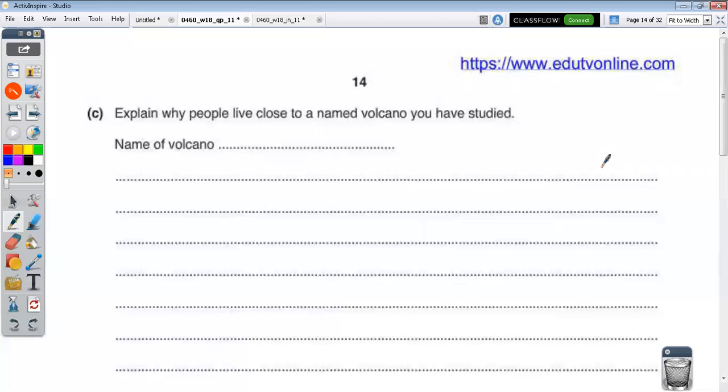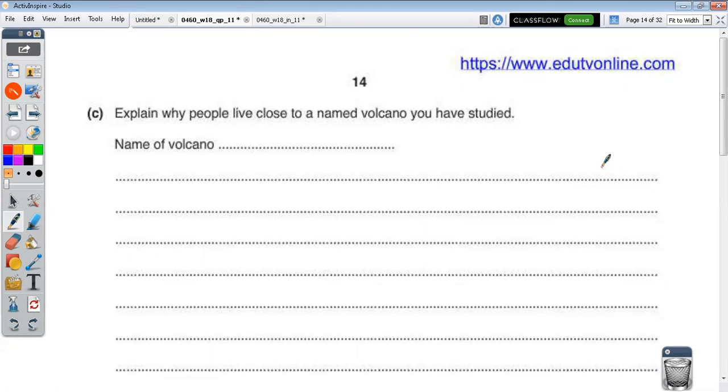Am I lying? Page 31. Yes, volcanoes and earthquakes, 31 to 34. We have a case study of a volcano there, Mount Merapi. Can you see that?